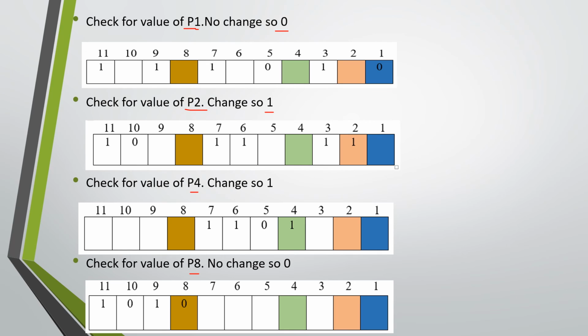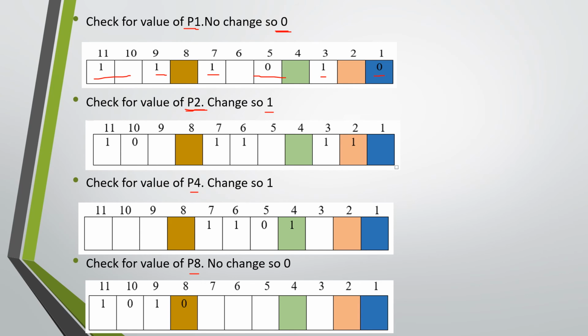To find the value of P1 at the receiving side, use position numbers 1, 3, 5, 7, 9 and 11. When we count the number of 1s in this, the number of 1s is already even, which means there is no change in parity. So take the value as 0. Next, calculate the value of parity bit P2.